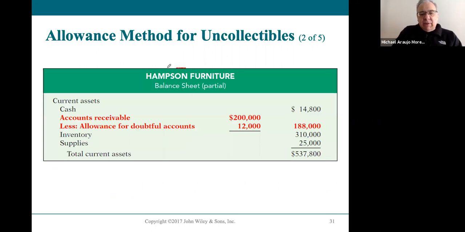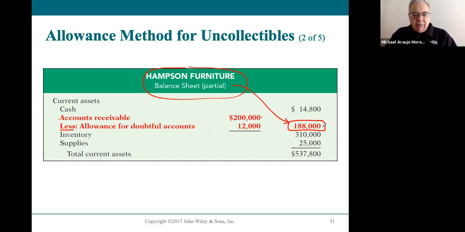So for Hampton Furniture, their balance sheet shows the $200,000 of receivables that they have on their books and shows the allowance of $12,000 that they've made with the estimate. So the actual value of the receivables on the balance sheet, this asset, is actually valued at $188,000.